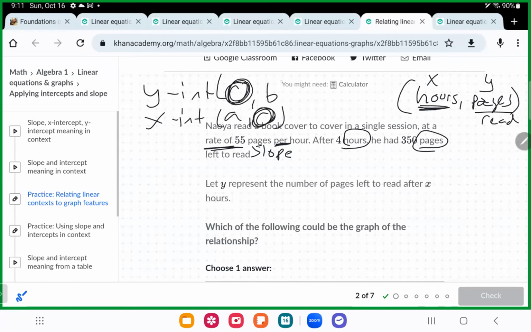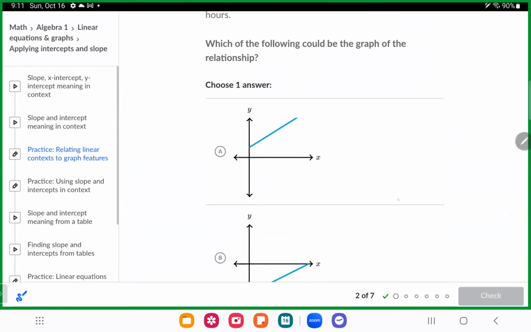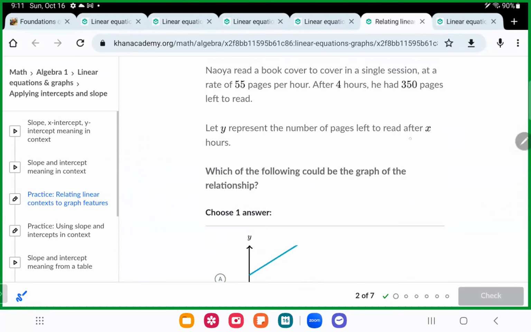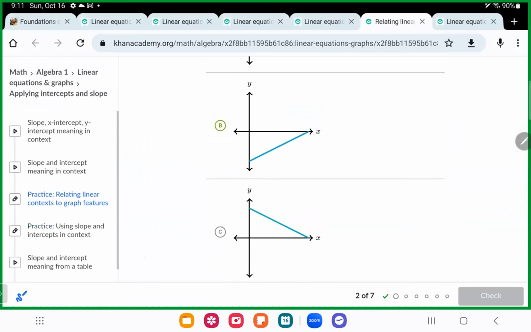So now I'm really emphasizing the 0, okay? So you'll see that right here, we don't have one. This is just a 4, 350. So this is one of those ones where we have the slope and then a point. Okay, so it would have been nice if we had the words there, but we don't have the words.